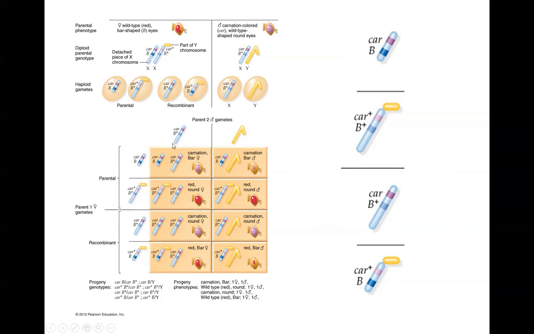So our parental ones, we started out with our little jelly bean shaped eye, okay? And we're going to get the recessive allele, so that carnation color, same thing we get up here, we get our carnation eye. If we get the other one, we're going to have wild type for both alleles, okay? So we're going to have our regular, normal, all around standard issue eye.